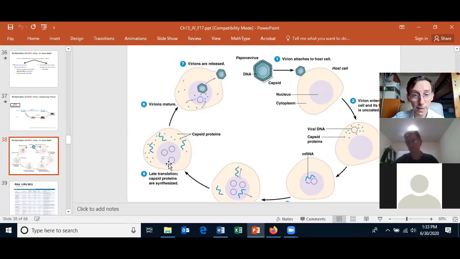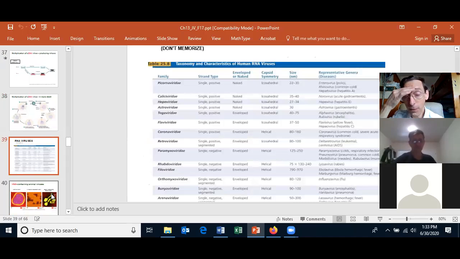The genome, in the meantime, is replicated in the nucleus, and then the genome gets together with the capsid proteins, making a new virion, and then the host cell is lysed, releasing the lytic virus. All right, any questions about the DNA viruses in general? I only talked about it with the lytic life cycle, but we briefly mentioned the budding life cycle.